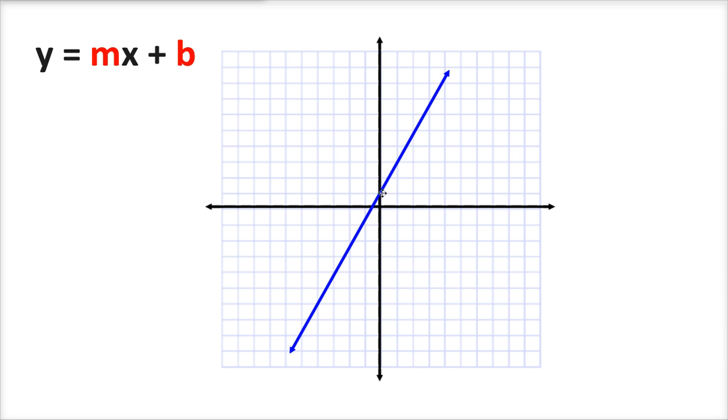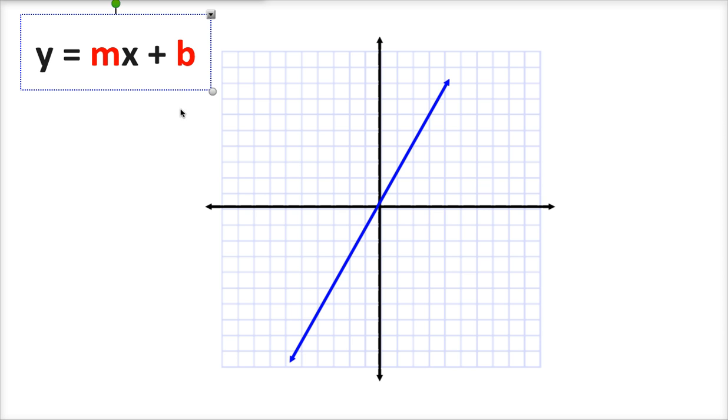It'd change from 1 to 2 to 3 to 4 to 5. Or if I go down, b would be -1, -2, -3, -4, -5. So I can move the line up and down, and all that changes is the y-intercept in the equation.